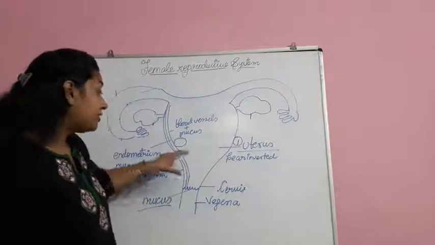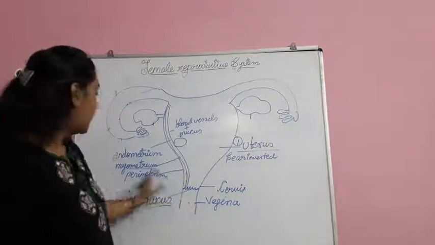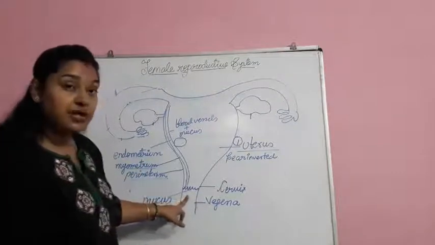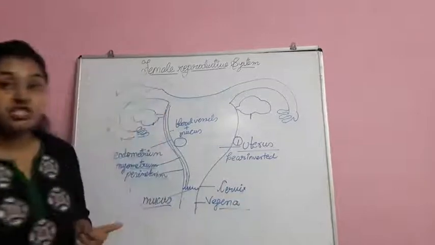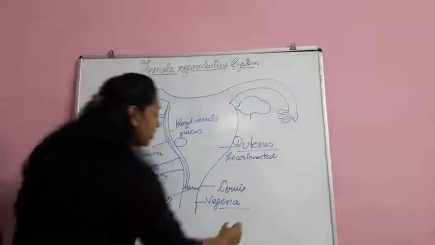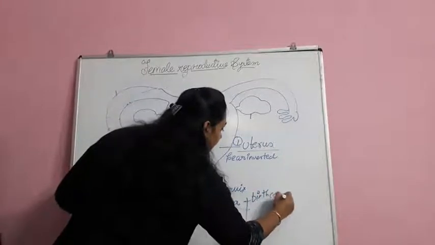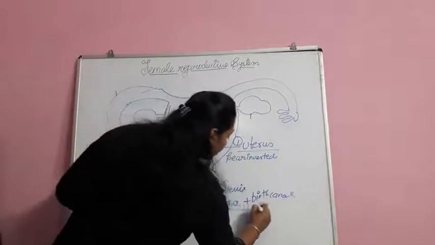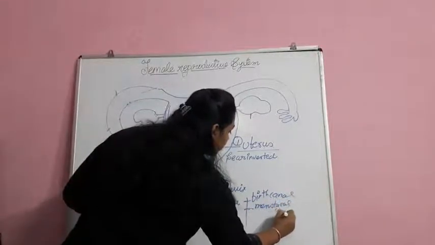It gets ruptured only when the parturition time comes and this myometrium starts contracting. At that time it gets ruptured and the baby comes out. Next to that there is the vagina, which is responsible for two things. First, it is the birth canal, and second, it is also responsible for the menstrual cycle. So it is a part of that cycle too.